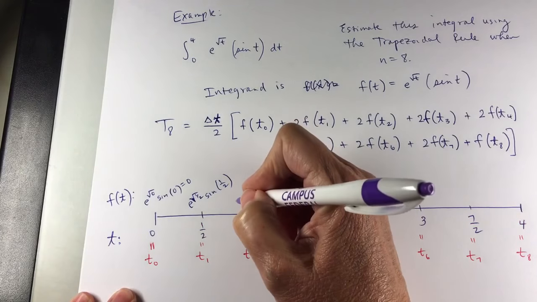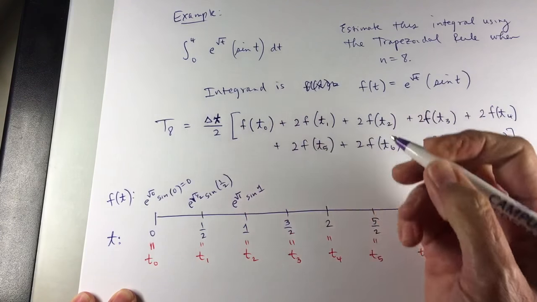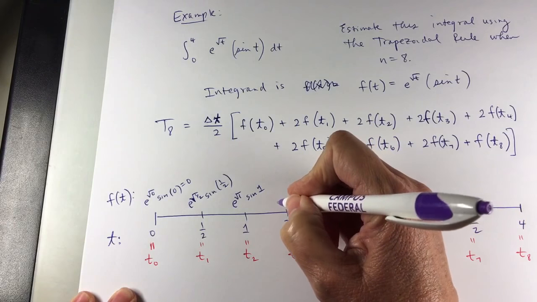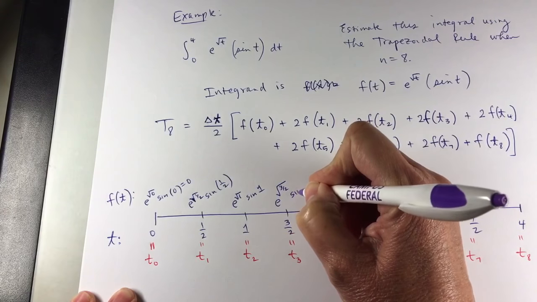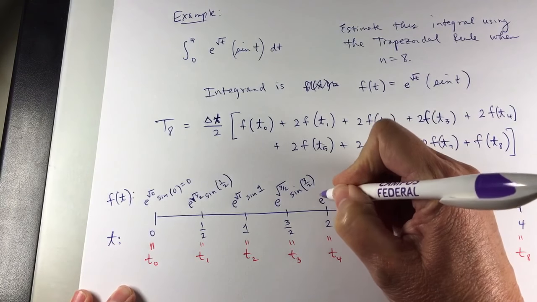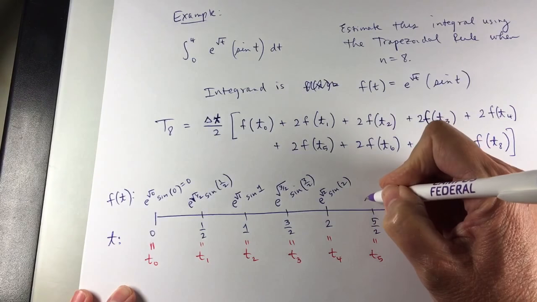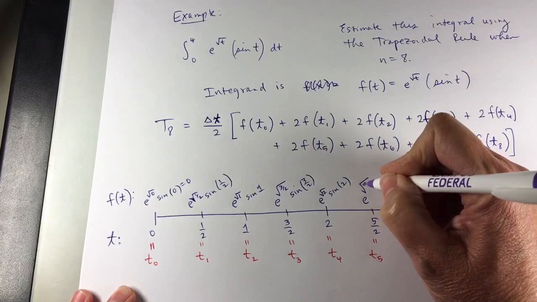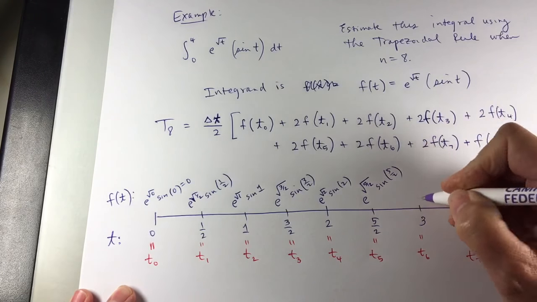The next one, that's e to the square root of 1 times the sine of 1. And then this is e to the square root of 3/2 times the sine of 3/2. This one is e to the square root of 2 times the sine of 2. E to the square root of 5/2 times the sine of 5/2.